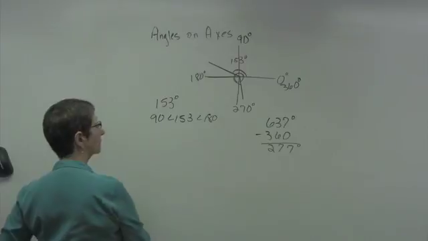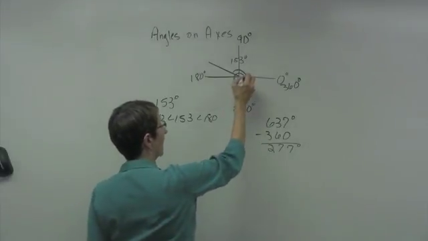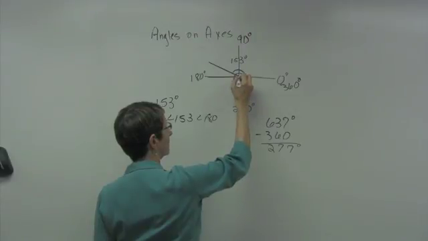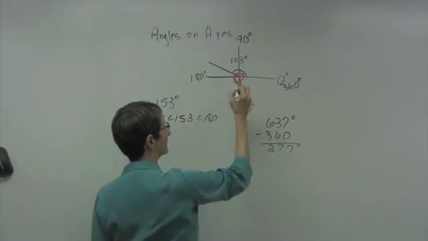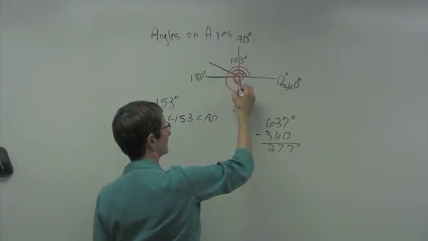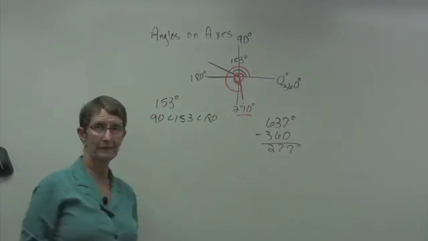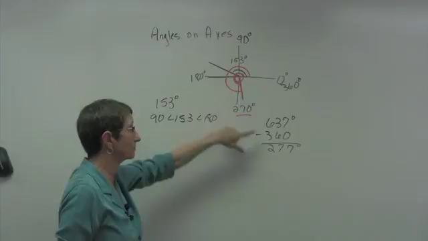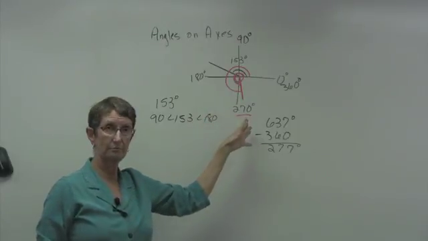So the initial side went around once, then it comes back to this position. This angle from here to here is 270 degrees. The 637 just means we went around one whole time and did part of another time.